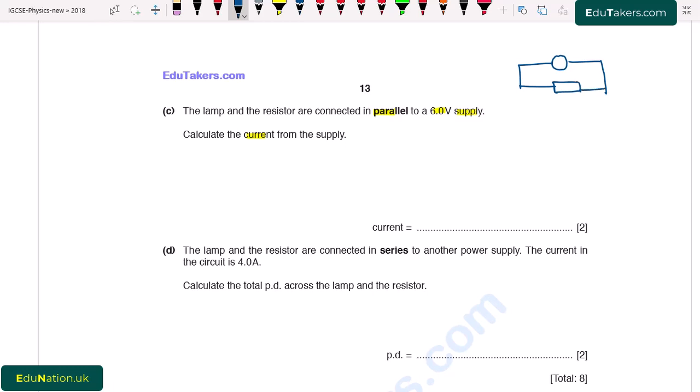And both of these are connected with power supply. It is power supply, that is 6.0 volt, and this is lamp, while this is resistor. So the lamp and the resistor are connected in parallel and both of these are connected with 6.0 volt power supply.